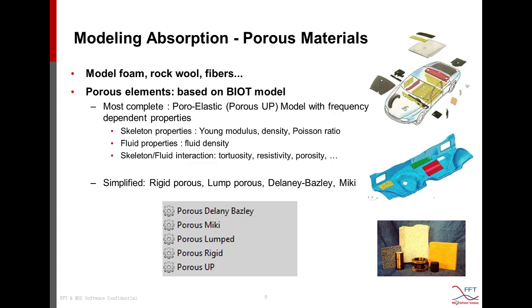However, the Delany-Bazley formulation and the Miki formulation are two semi-empirical formulations, and they are quite convenient in the sense that we just need to set very few parameters in order to model the porous material. However, as I said, all these simplified formulations have their validity range.